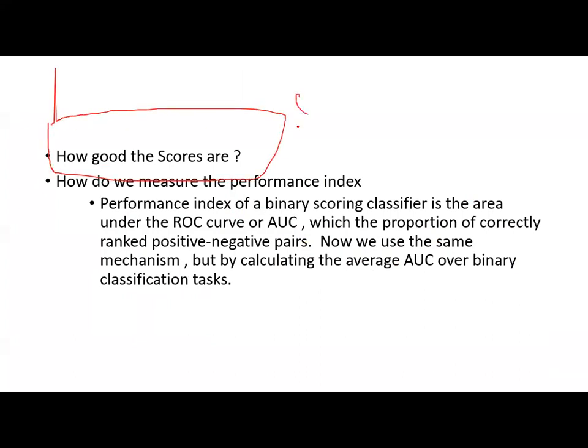Now, how good are the scores again? What is the performance? How do we measure the performance index? The performance index of a binary scoring classifier is the area under the ROC curve, called AUC, area under curve. In the previous chapter, we learned area under curve.